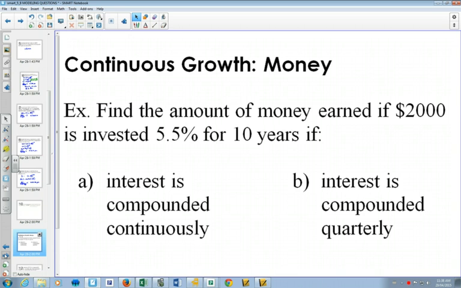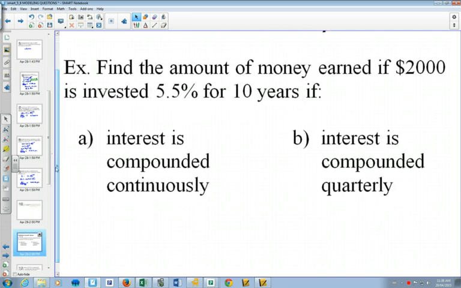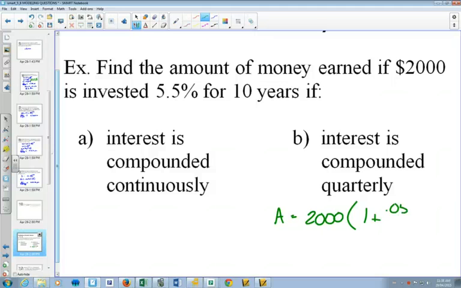Okay, so we've got some ideas. We're going to figure out the quarterly one first, which would be, the amount would be 2,000 times 1 plus the interest rate is 5.5% compounded quarterly, and we're dealing with 10 years.